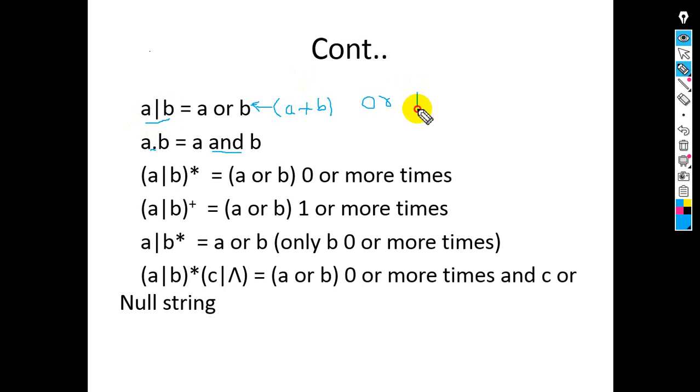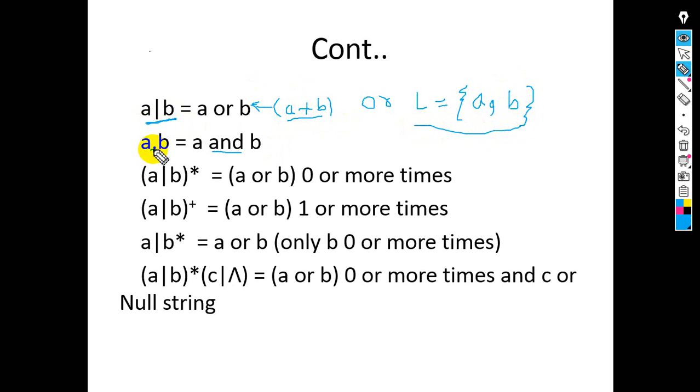For example, the language L is equal to, how will we represent A or B? It means A comma B. This is the language, and this is the concise representation or definition of a language. A or B, we can say A plus B.